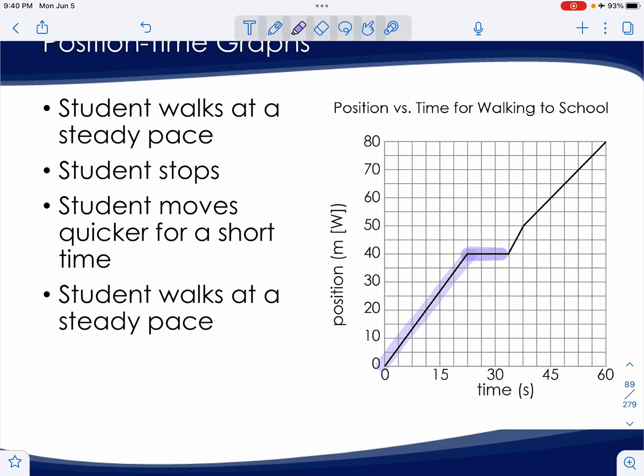That means for, I don't know how long this is, but about 7 or 8 seconds, the student is stopped. Then the student moves at a quicker pace, see how this is a little bit steeper? The student moves at a quicker pace for a short time, and then slows down and stays at a steady pace until he gets to the 80-meter mark. And here, notice now we're going west, not east.